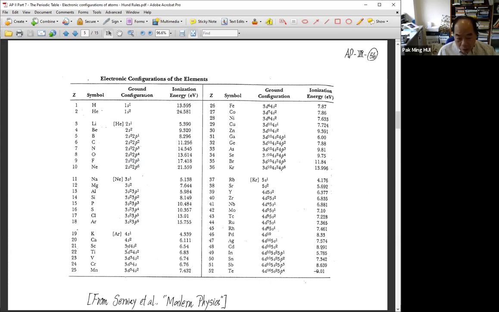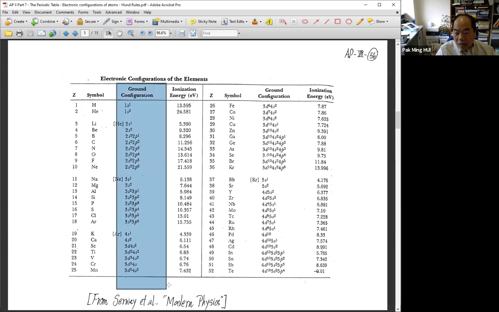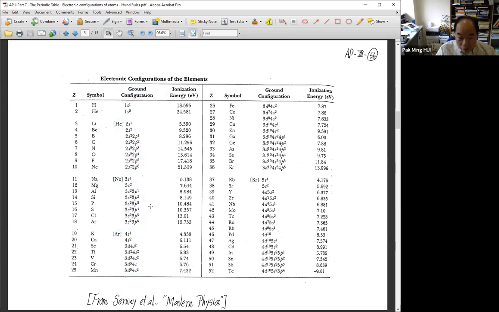Similarly, as you go down the rows, you see this kind of periodic filling of the s orbital, p orbital, and so on. So this is the electronic configuration of atoms in the ground state, and that has a lot of physics in it.